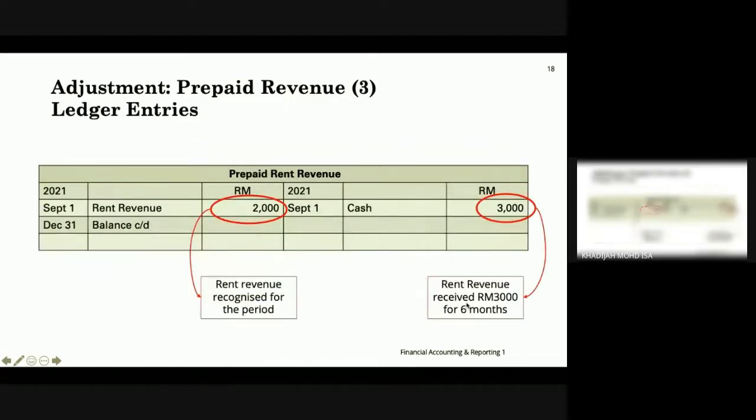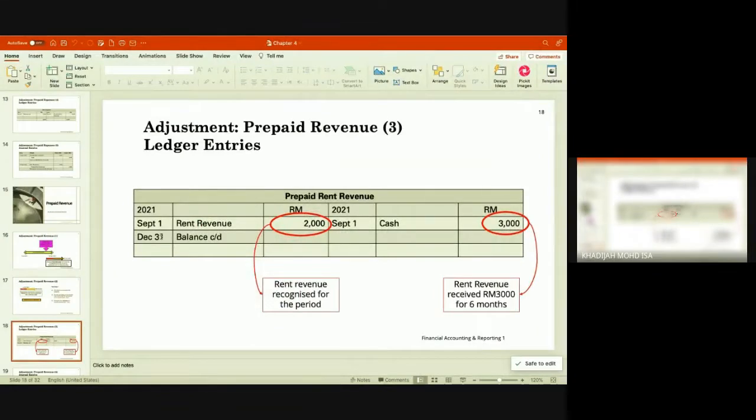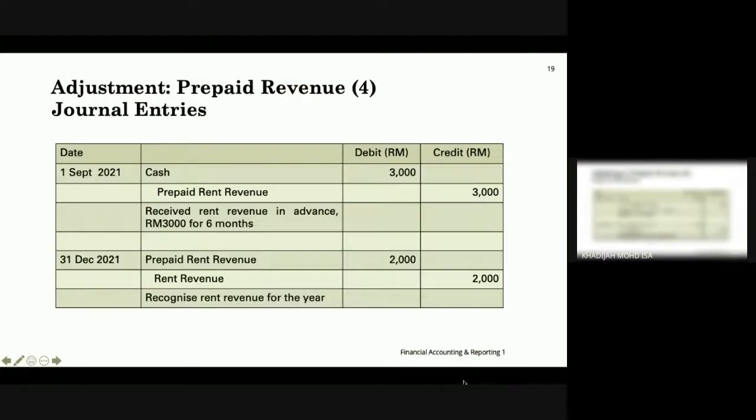So here, rent revenue should be December 31st. So you only do the revenue later, right? Okay. So that is for your prepaid revenue. You receive cash for revenue, unearned revenue.